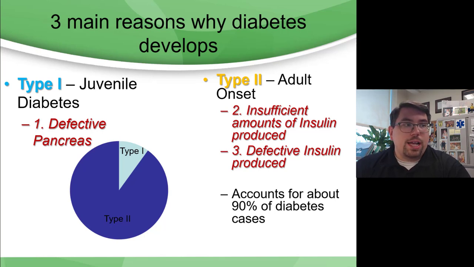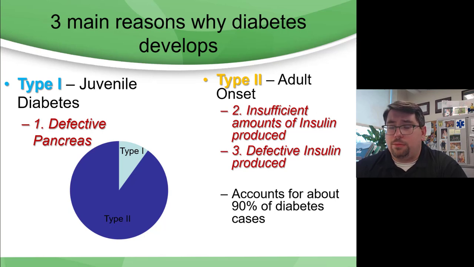We have to be able to recognize, though, what the different types of diabetes are. You've probably heard type 1 or juvenile onset diabetes, or type 2, which is adult onset. Well, let's go into this a little bit further. Type 1 is juvenile onset. It means that the majority of the problems we see are based on a defective pancreas. The pancreas is not secreting its endocrine hormones in the form of insulin.